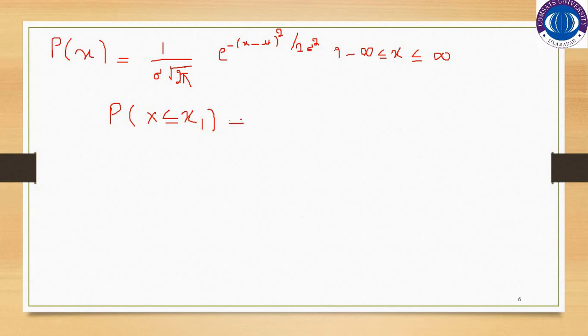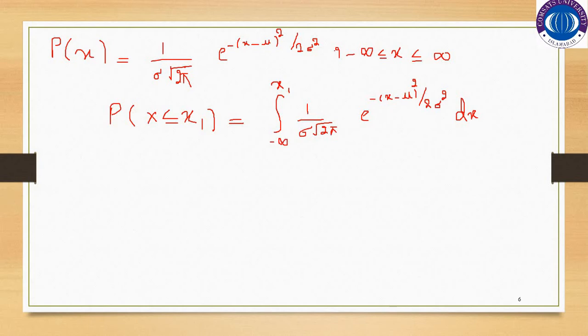So what we are going to do is integrate this density function, which is 1 over sigma under root 2 pi, e raised to the power minus (x minus mu) whole square over 2 sigma square, dx, with the upper limit x1, starting from minus infinity.